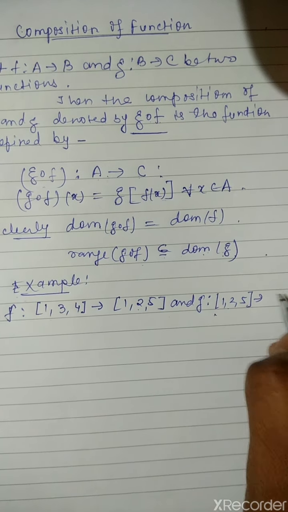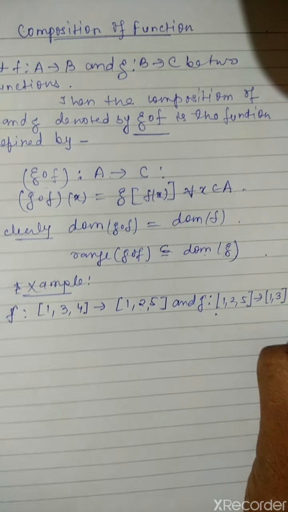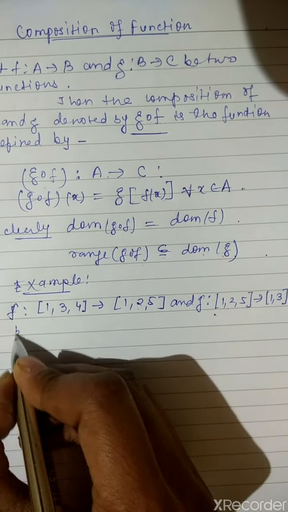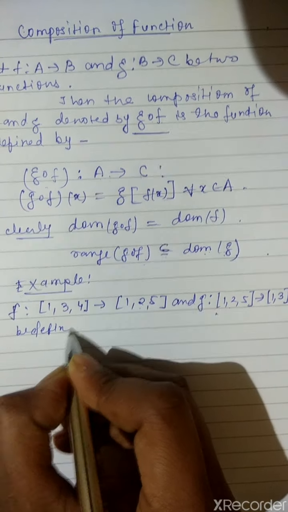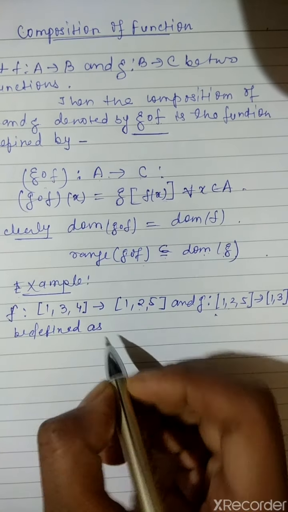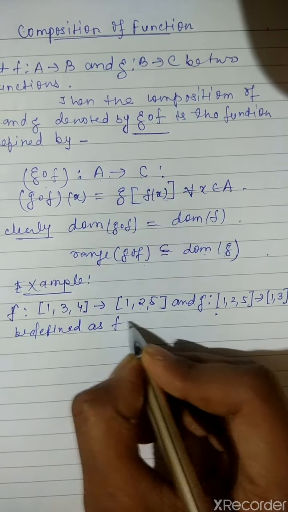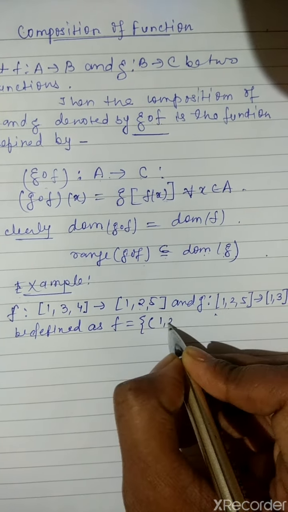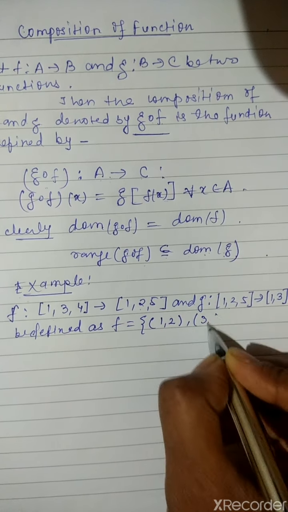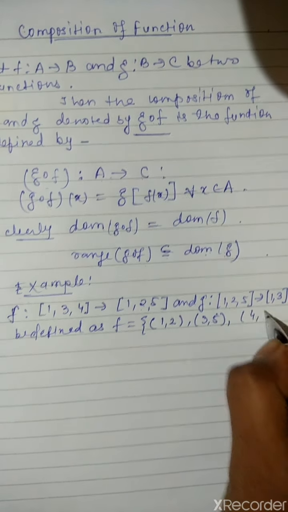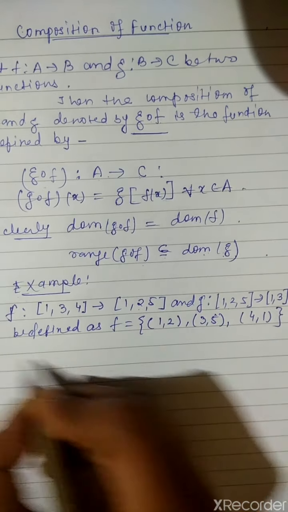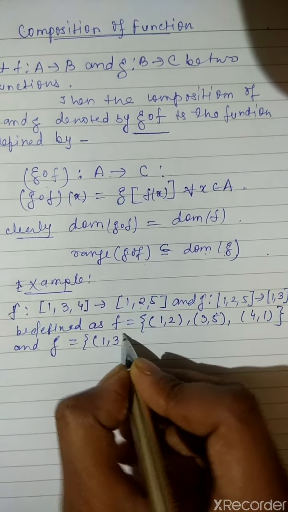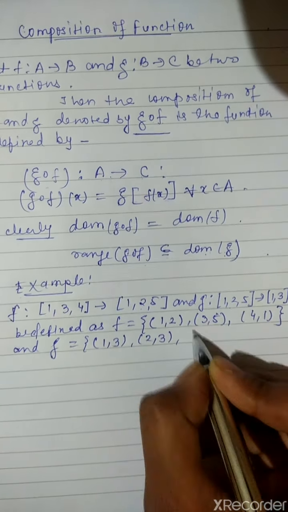Therefore F is defined as {(1,2), (3,5), (4,1)}, and we will define G as {(1,3), (2,3), (5,1)}.